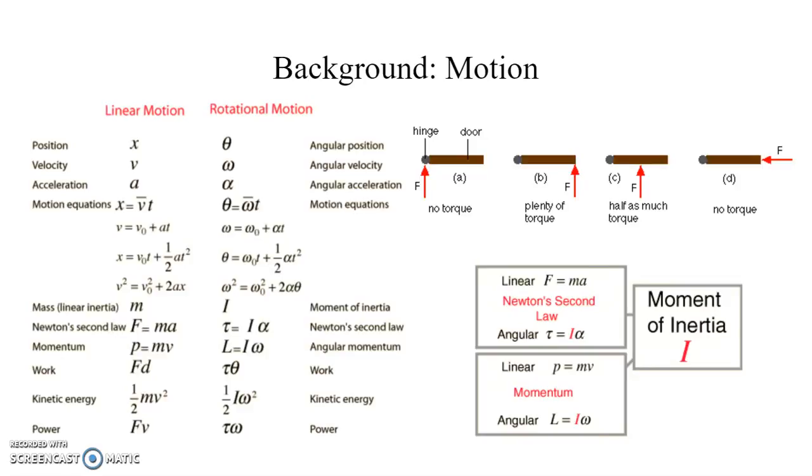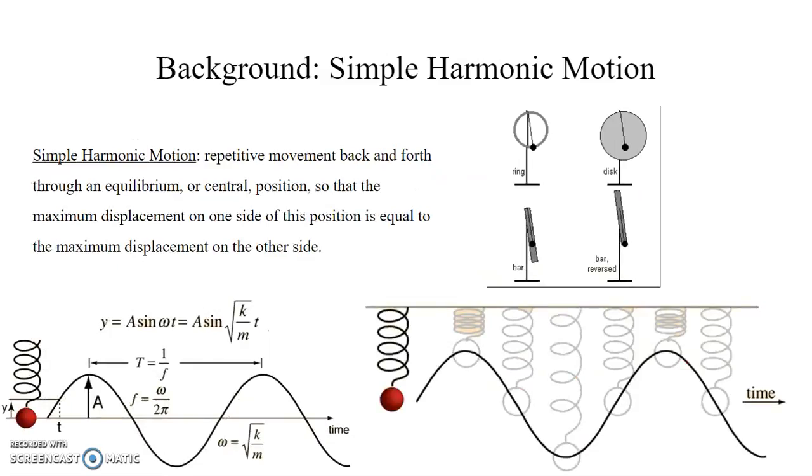And in addition to this, we also need to cover simple harmonic motion. Essentially, simple harmonic motion is periodic motion in which the restoring force is proportional to the displacement. The function oscillates continuously and has an equal displacement on both sides of the x-axis. And this is important in how springs work.